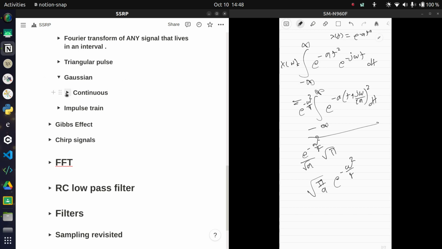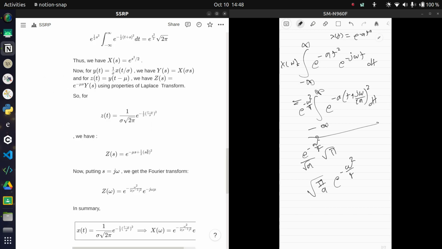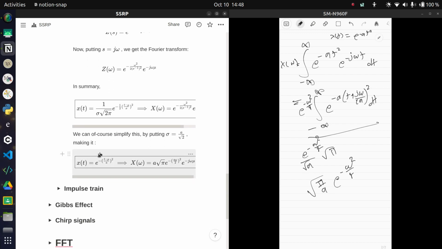Okay, so let's see what the actual thing is. If your x is of this form, then you just get that. Over here you have 1 upon a, so you can just put 1 upon a over there. So it's square root of pi, and that's this times a. I'm getting a square root of pi over there for some reason. Am I doing it correctly?